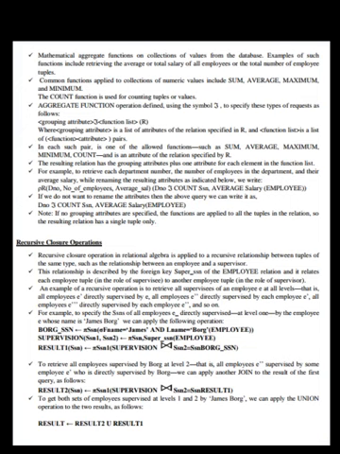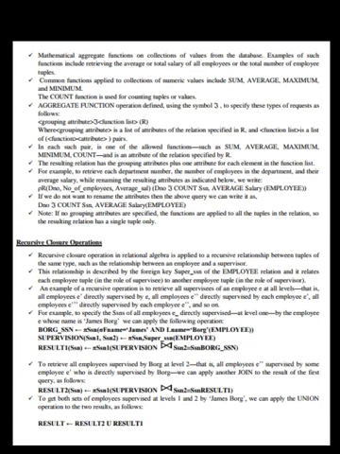where grouping attribute is the list of attributes of relation specified in R, and function list is a list of function attribute pairs. In each such pair, function is one of the allowed functions such as sum, average, maximum, minimum, count, and attribute is an attribute of the relation specified by R. The resulting relation has the grouping attributes plus one attribute for each element in the function list.